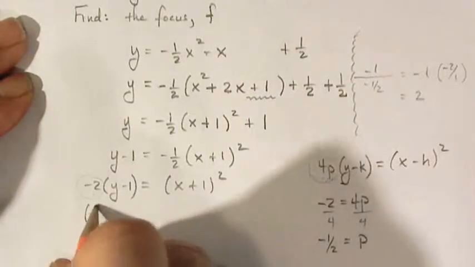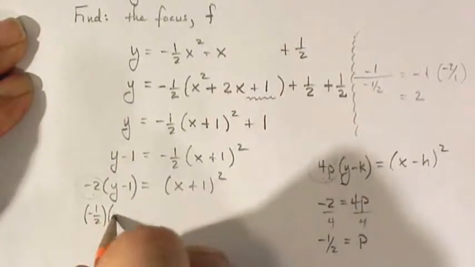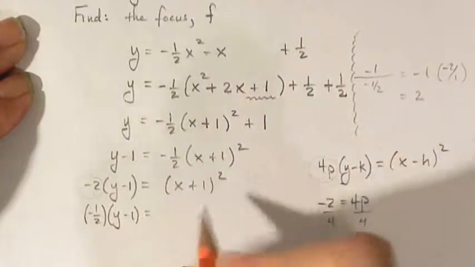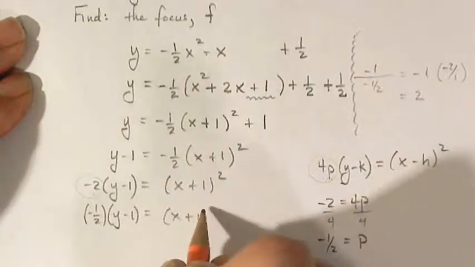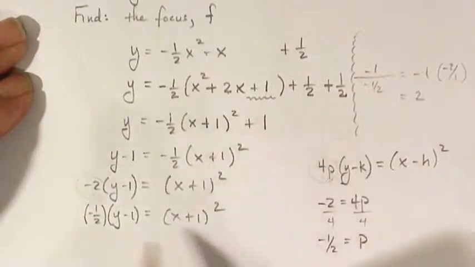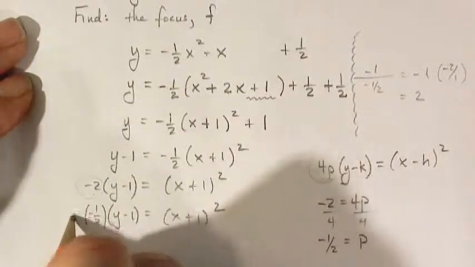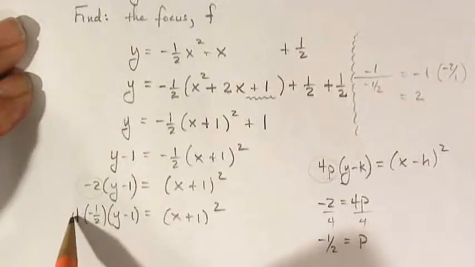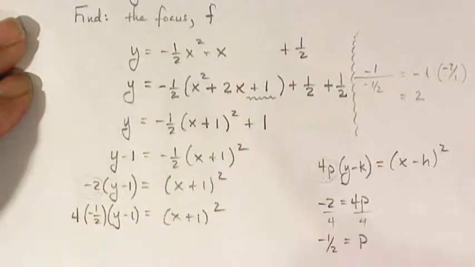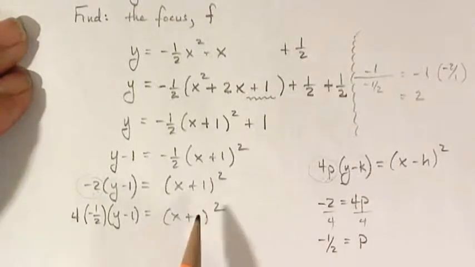Now the p goes here: y minus 1, x plus 1 squared, and there must be a 4 in it. So 4 times p is negative 2. Now we're talking. The only thing that doesn't correspond is this plus.